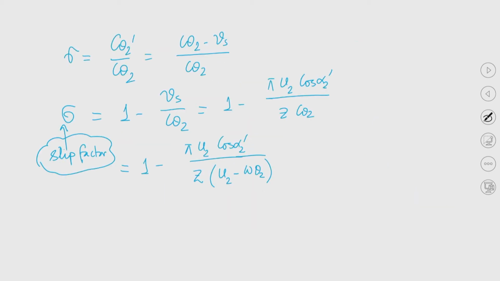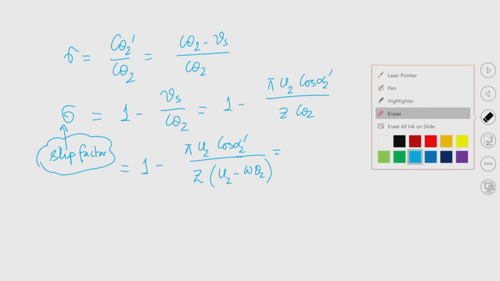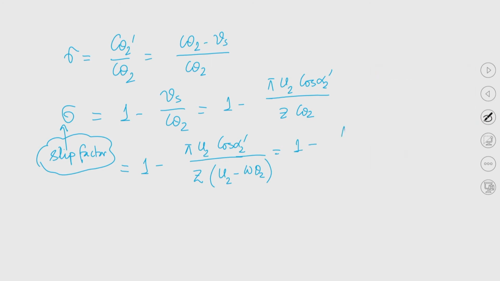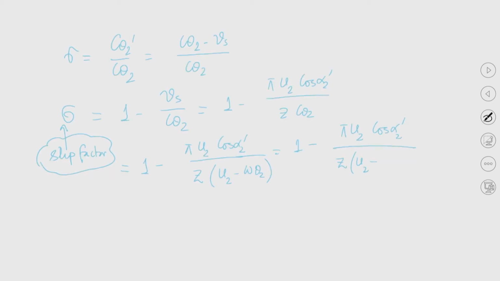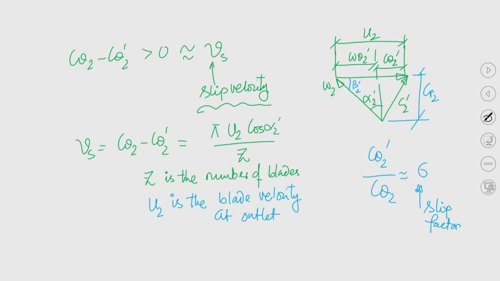So, what we can write is 1 minus pi u2 cos alpha 2 prime divided by z into u2 minus, I can write w theta 2 in terms of Cr2. So, what is w theta 2? This.